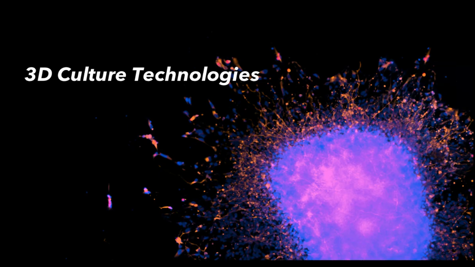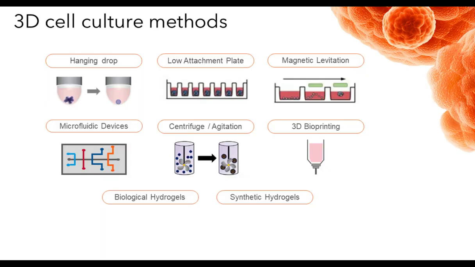Now, in the last slide, I just want to talk a little bit about some of the various techniques used. The slide here shows the major techniques by which cells are studied in 3D. One of the early methods of development was a hanging drop technique off a cover slip over a well, and in that drop of fluid, the cells assemble into a spheroid.